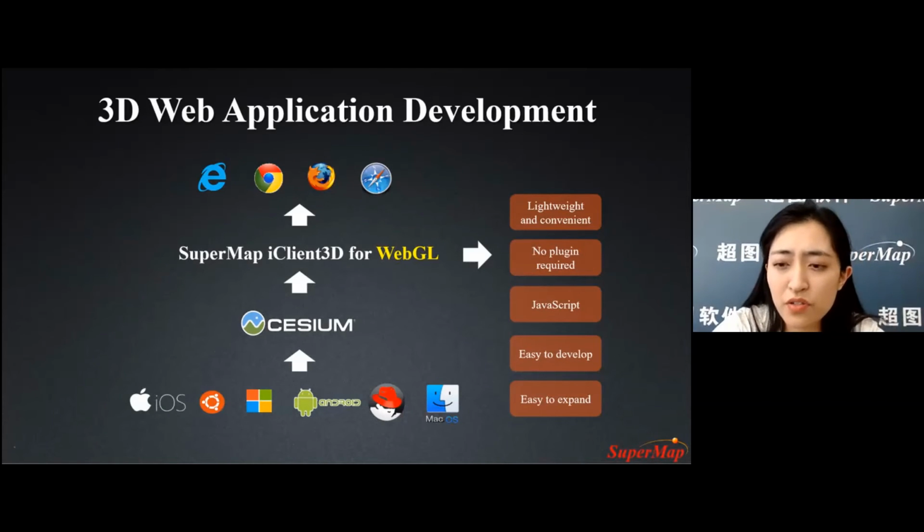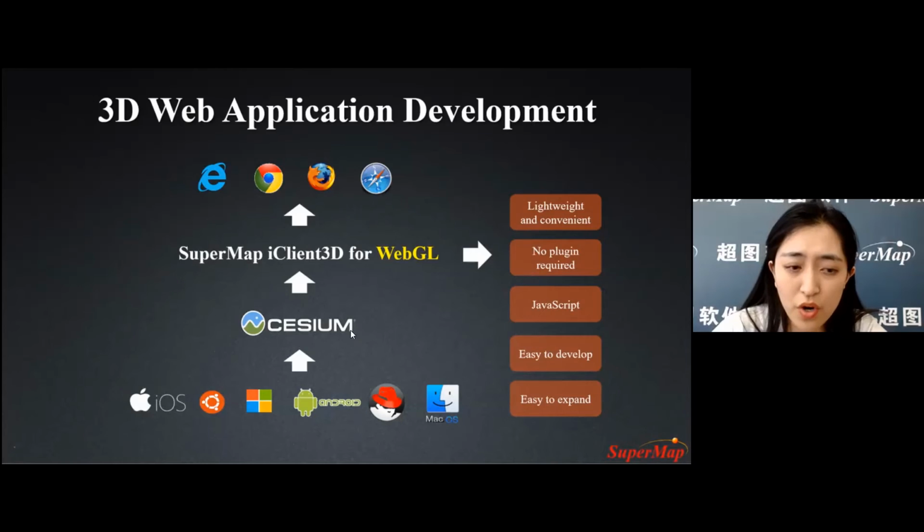WebGL is a 3D web application development product, and it is extended on the basis of the open source framework of the system, and it implements a series of GIS characteristic functional interfaces. It's lightweight, convenient, and really easy to use.